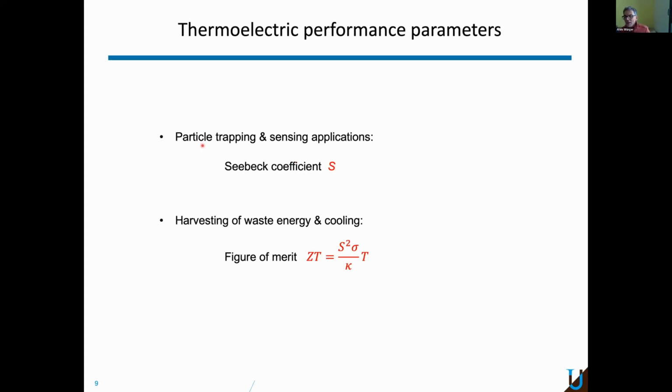As for particle trapping, as you see now, or for sensing applications, when you want to detect temperature differences, for example, you have to look at the Seebeck coefficient. If you look at power applications, so harvesting of waste energy or cooling, there is a figure of merit, which depends on the square of the Seebeck coefficient, the electrical conductivity divided by the thermal conductivity of your sample. So this is just in general what you have to look at. I'm going to talk only about the Seebeck coefficient.